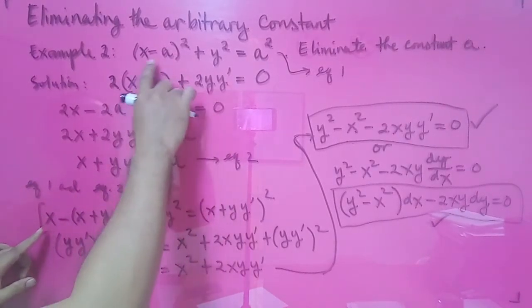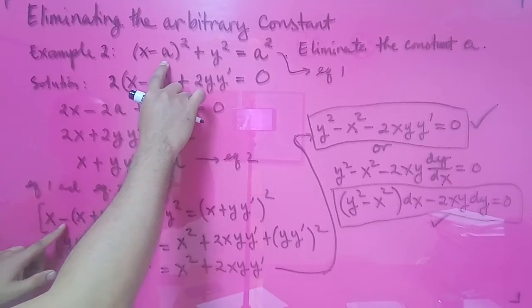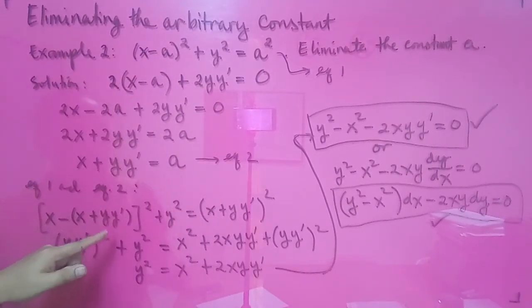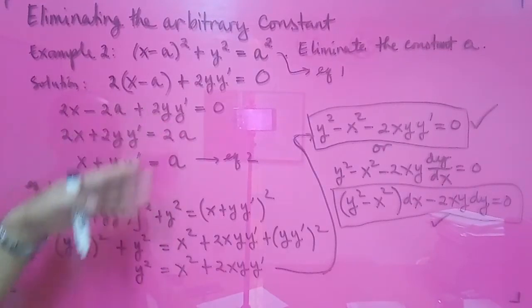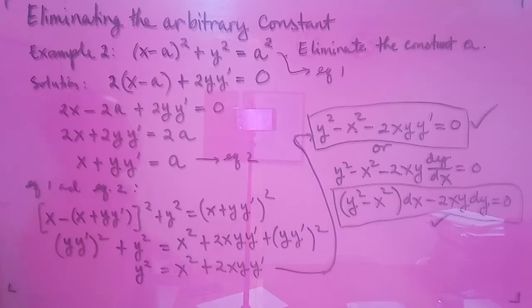Instead of writing x minus a, we have x minus (x plus y y'). In our first example, we used the elimination method. In this second example, we use the substitution method when we combine the two equations.